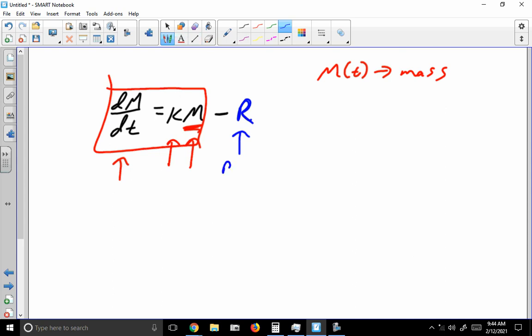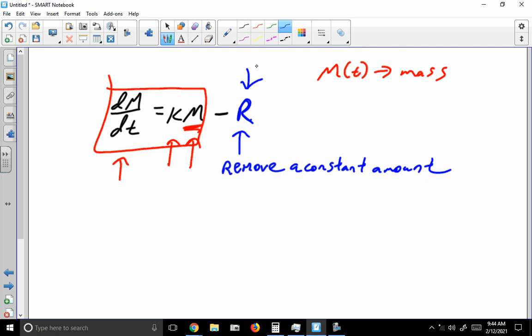But we might each year be removing a constant rate or a constant amount. So each year we might be taking 2,000 pounds of fish out of the pond. Then in that case, this would be 2,000 pounds. Or each year we might be taking 20,000 pounds of fish out of the pond. In that case, R would be 20,000.